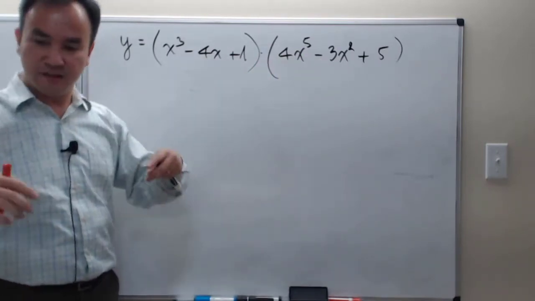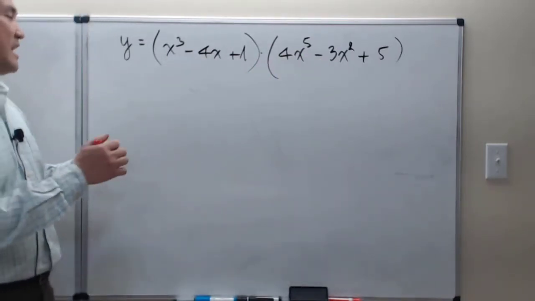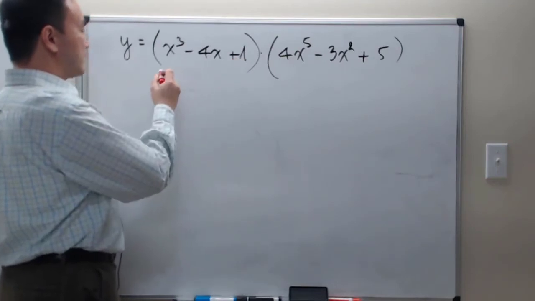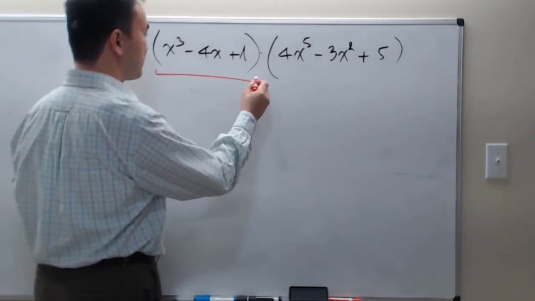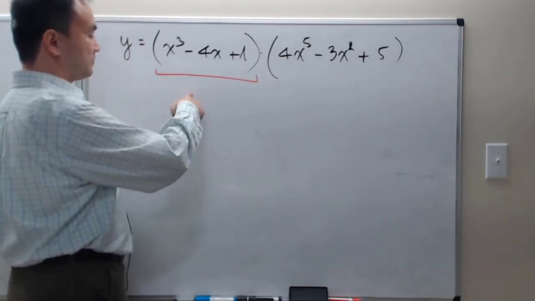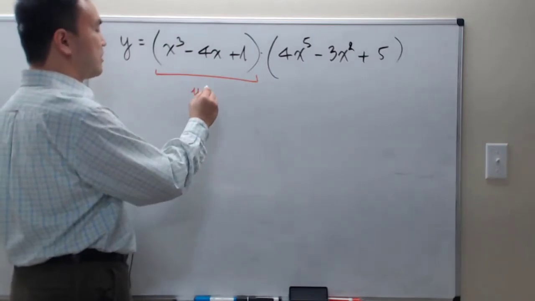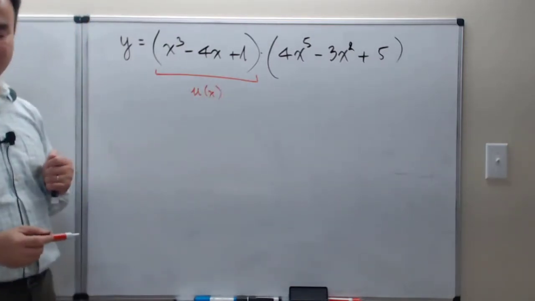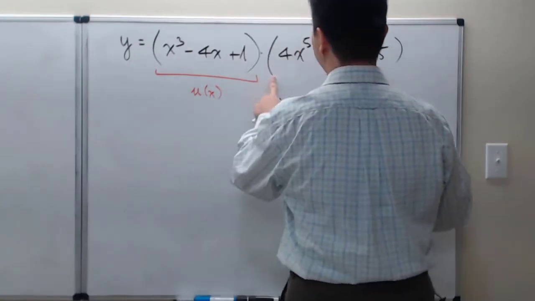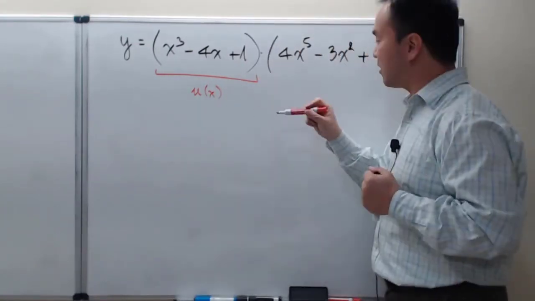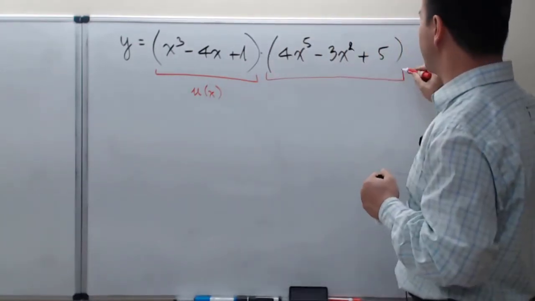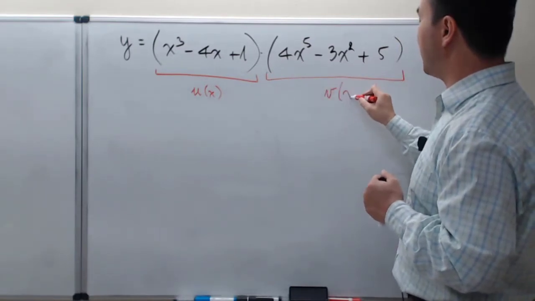It could be more than that, even more complicated than that. In this product, let me name this function here some function u of x, and the other function involved in our product, let me name v of x.